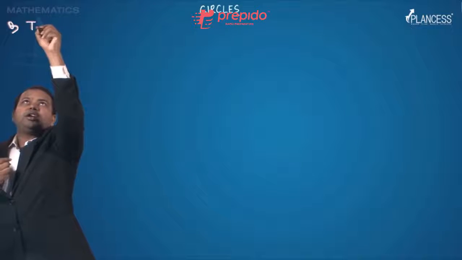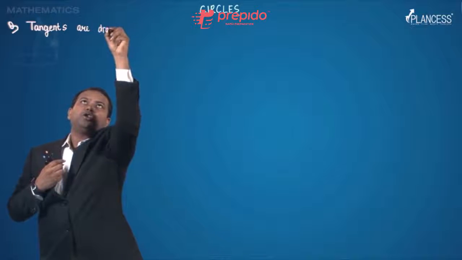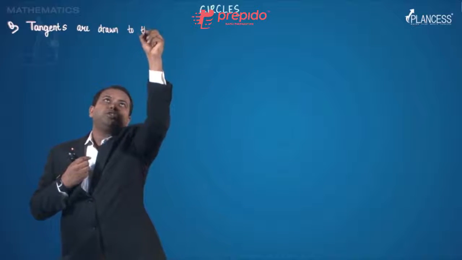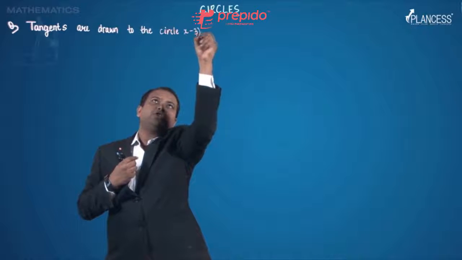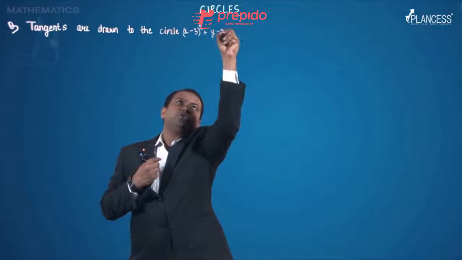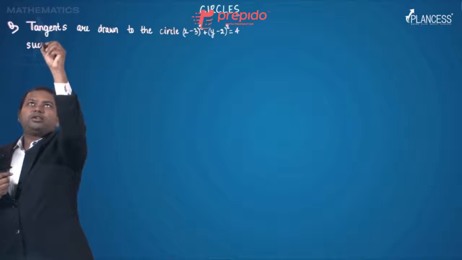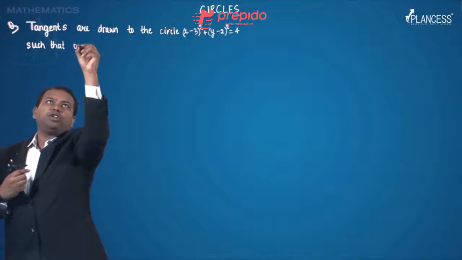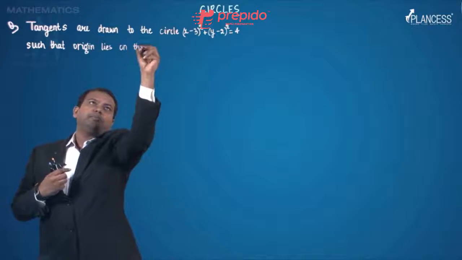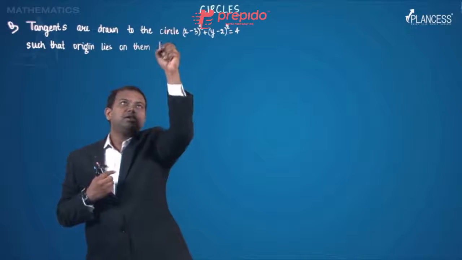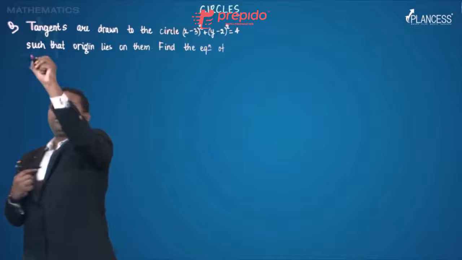The question says: tangents are drawn to the circle (x minus 3) whole square plus (y minus 2) whole square equal to 4, such that origin lies on them. Find the equation of the tangents.